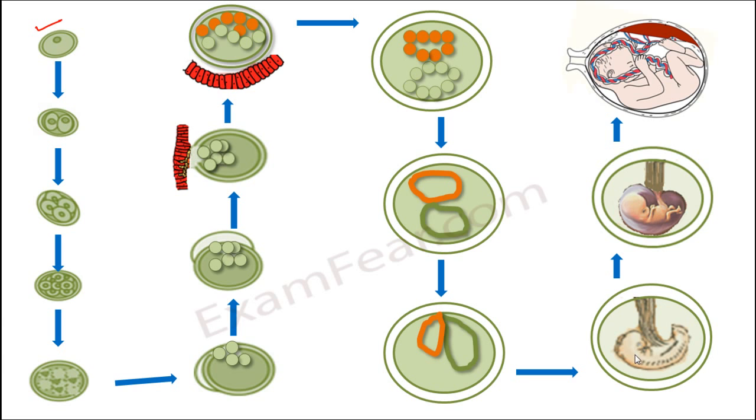For example, in this fetus, you can see the digestive tract, you can see the heart. The limbs and all are not developed yet. But later, in 2 months or so, the limbs start getting developed. You can see the legs, the hands, and the head also becomes more prominent.